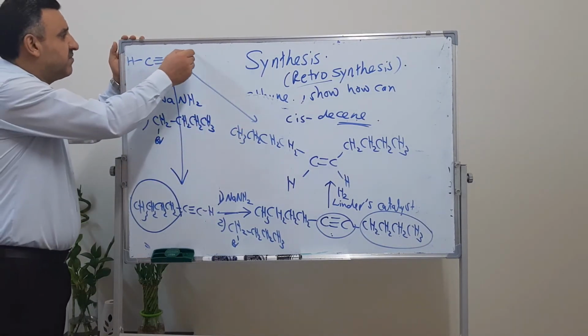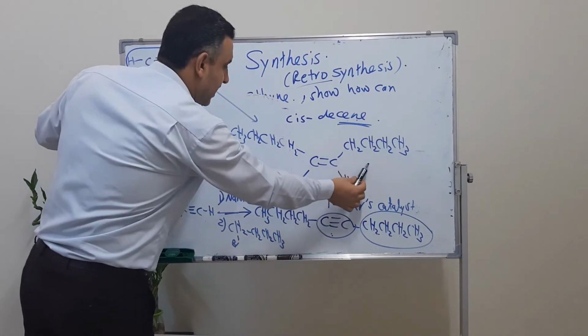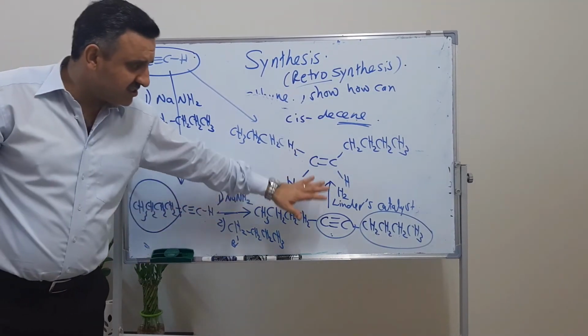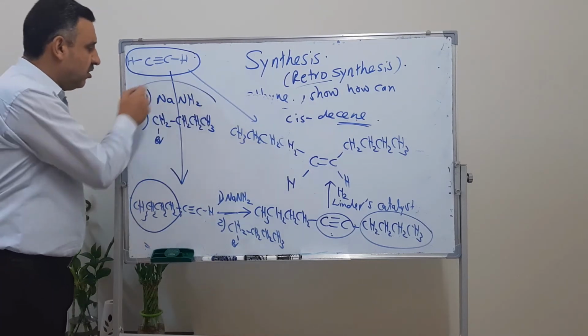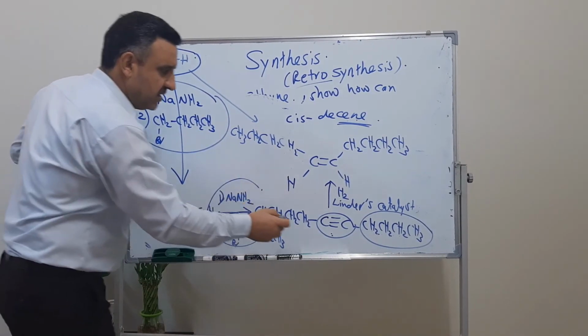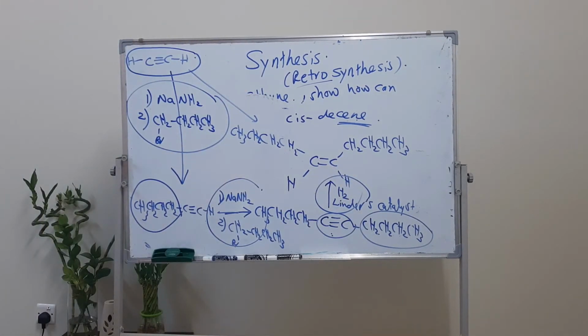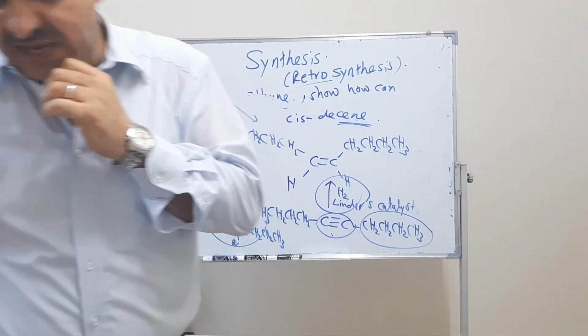So starting from ethyne, we could simply prepare the cis decane by this sequence of steps. How many steps do we need? This is the first step, this is the second step, and this is the third step. So we can do it by 3 steps. We can convert alkyne into the corresponding alkane in this case.